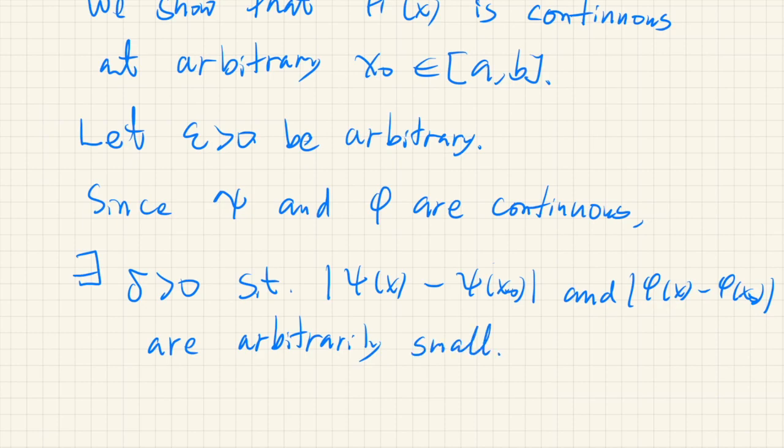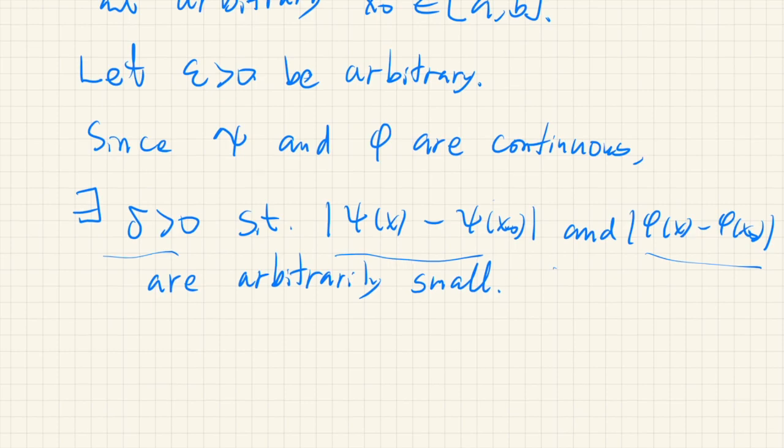Usually we express this as: for all positive epsilon, there exists delta such that these are less than that epsilon. But we are going to use epsilon for another purpose. So just say this can be smaller than any positive number.